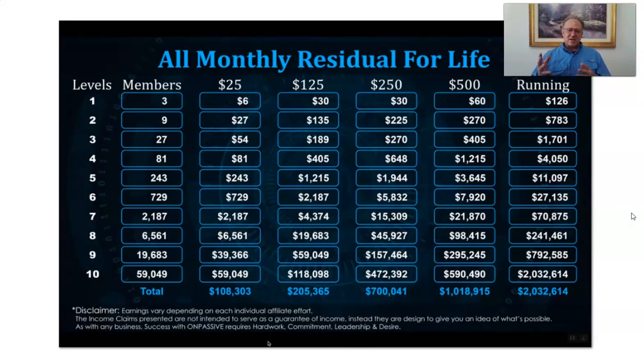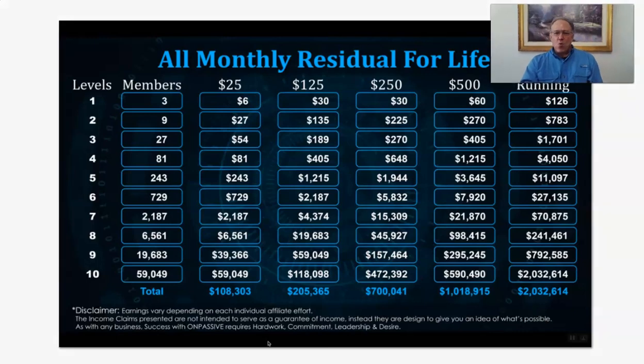And as OnPassive fills this matrix, it's possible you could have 10,000 people under you, but it's also possible you could have none, or 5 or 10. That's really not the big deal with OnPassive. The big deal is they are going to force us to be successful. And wherever you land as OnPassive starts to fill this matrix, it really doesn't matter, guys.